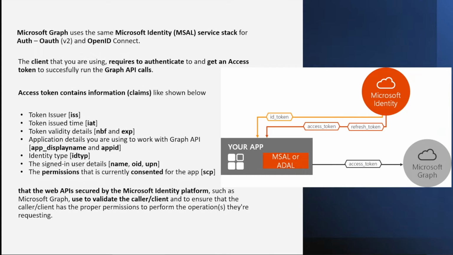Now, why is this access token required? Because without this access token, the Microsoft Identity Platform won't let the caller, which is triggering the call, get access to the resource.